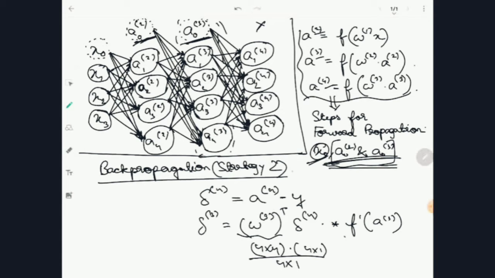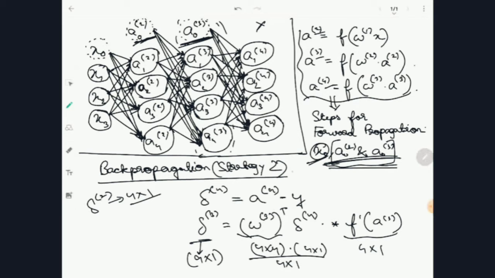Also, f dash 3, as the derivative of the constant term is always equal to 0, so the bias term is left out and the derivatives of the remaining terms are calculated, which makes it 4 by 1. So del 3 is originally of the shape 4 by 1 only. It will not be 5 by 1 in any case. Similarly, del 2 is also of the shape 4 by 1.